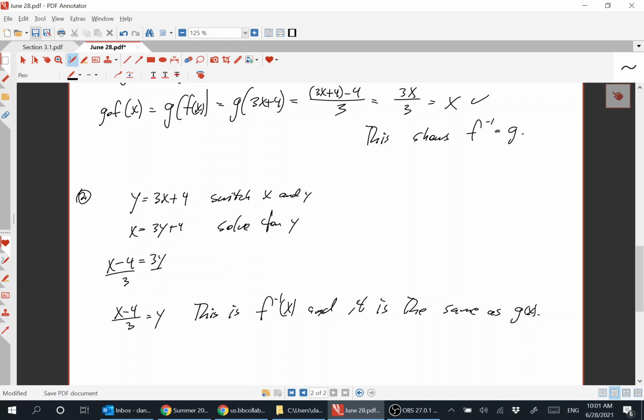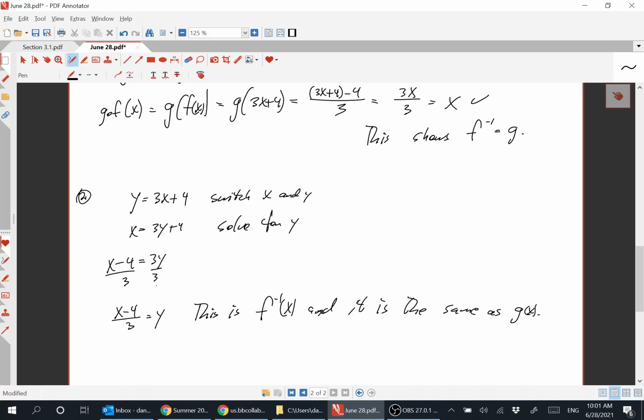All right, so for number 40, you can do it one way or the other. The business with function composition, I noticed a lot of folks in section 2.7 just weren't really sure how function composition worked.